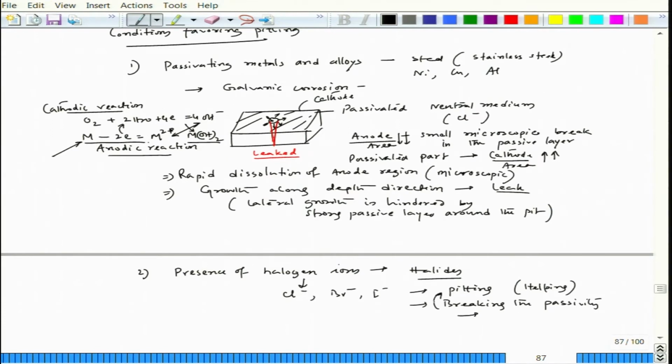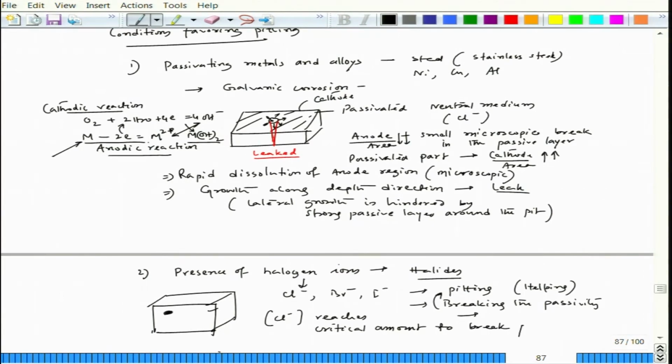For example, let us say this is the surface, and it is exposed to chloride ions. Let us say at some point of time chloride concentration goes up at some location, and that chloride ion concentration reaches a critical amount to break passivity. Okay.